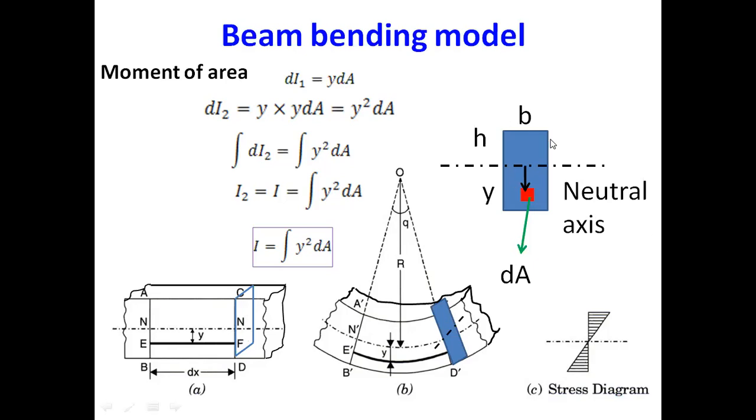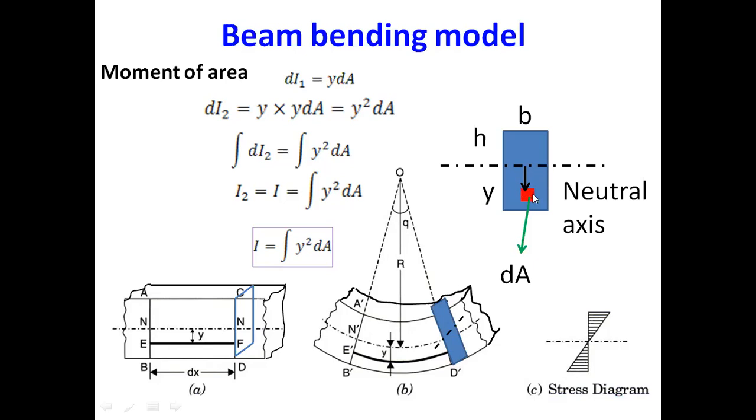So this is the cross-section area which we are talking about. The width is B because we have initially considered that the beam has a rectangular cross-section. The height is H. This is the neutral axis. Below the neutral axis, I am taking the vertical distance as y, which is positive in the downward direction.